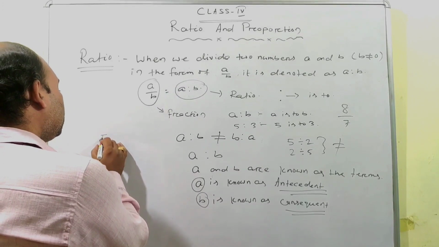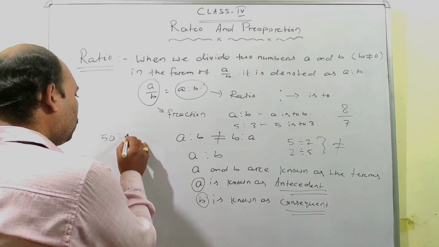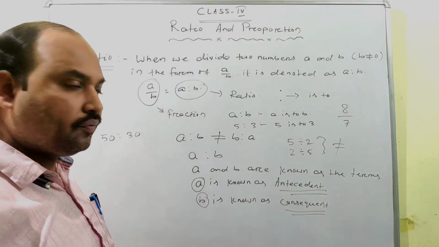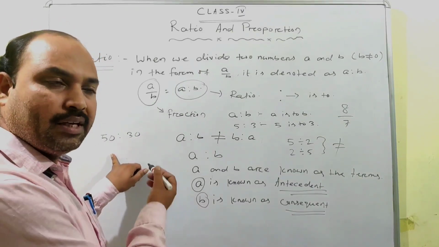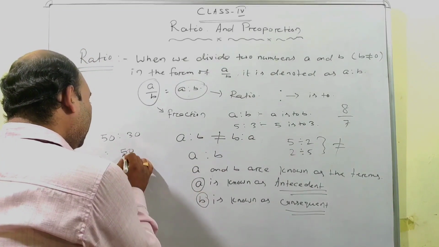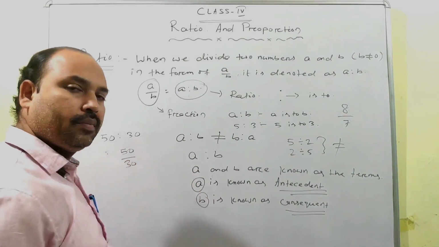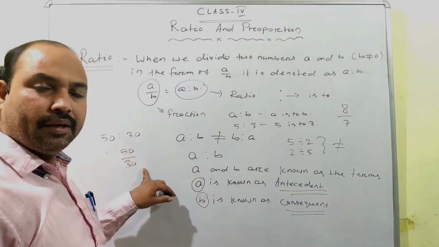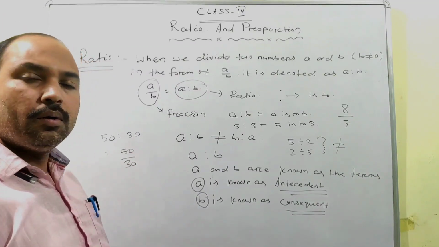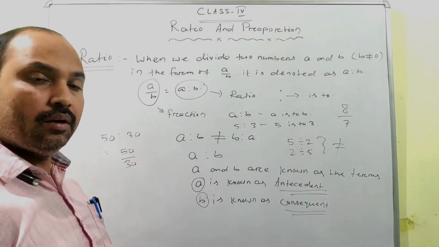Suppose it is 50 is to 30. First we convert 50 is to 30 into fractional form, 50 upon 30. Here the common factor is 10.